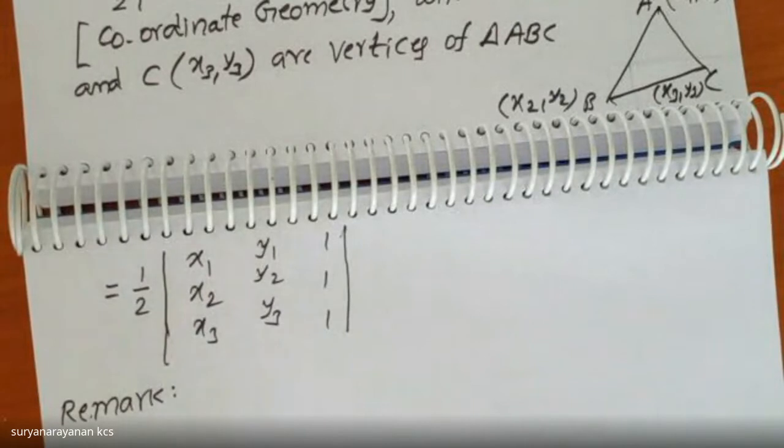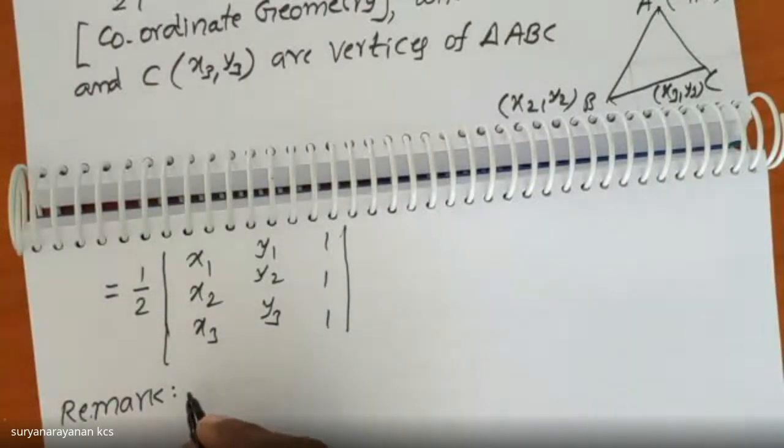You know, area of a triangle is a non-negative real number. It may be 0 or it may be greater than 0. Area of a triangle is always positive. So you have to remember this point.